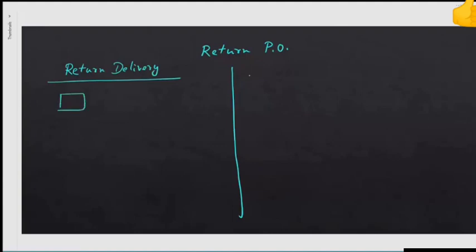So we have a PO against which we receive goods, and we also receive an invoice, say for a quantity of 100 kilos of coffee, and we want to return some of the stuff like 50 kilos of coffee, right?